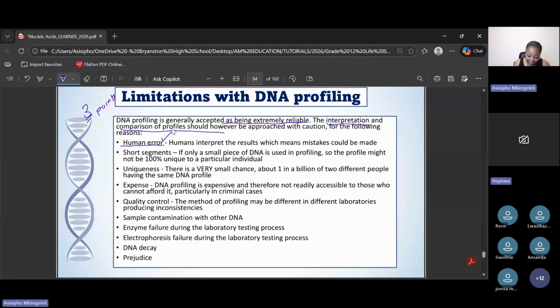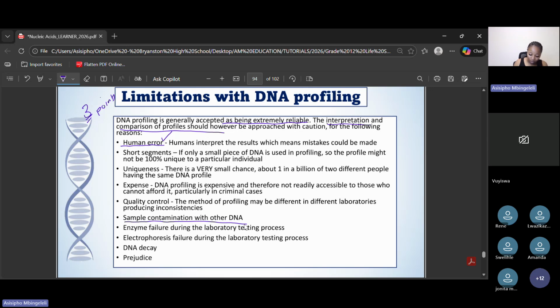There are short segments. If small DNA is used, I would say ignore this one. I would also say consider this one. Simple contamination with another DNA, that is possible. So if there is a sample that has been collected, but that sample was mixed up with another sample, then the DNA that will be read there will probably be incorrect.